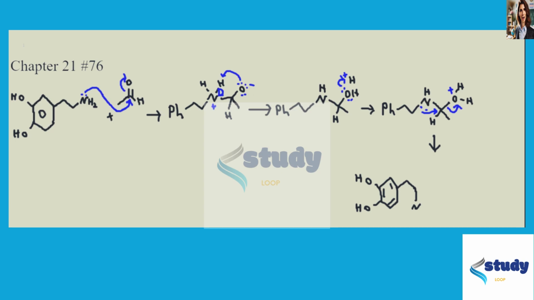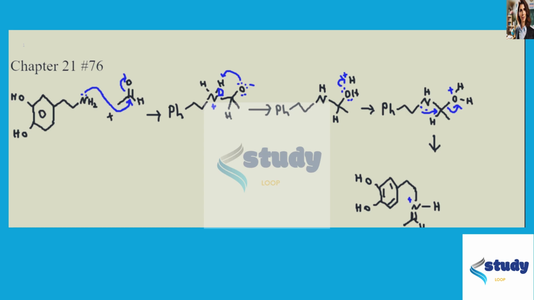So there's our nitrogen. And it is now double bound to this carbon. Okay. And the nitrogen is going to have a positive charge on it because it has 4 bonds.